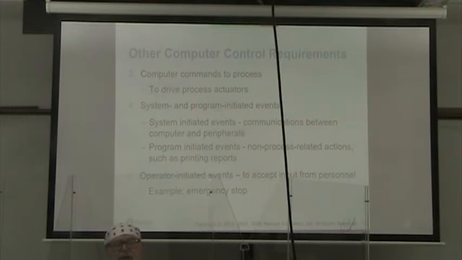Program initiated events are non-process related actions, such as printing out reports at intervals. We might also have operator-initiated events, where we have input from our personnel, right? For example, we might have an emergency stop button.